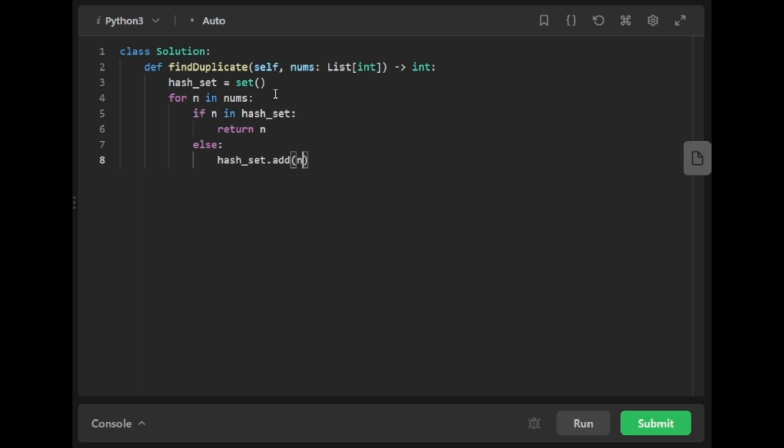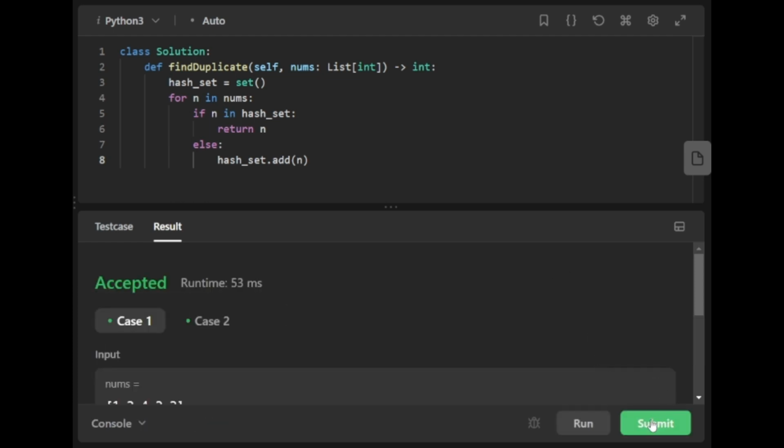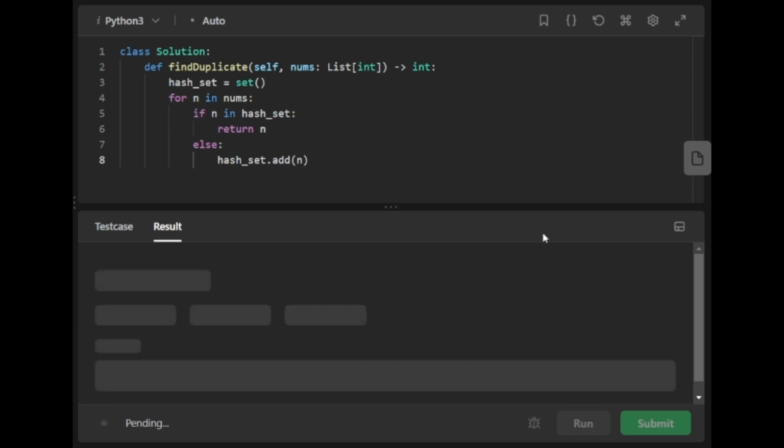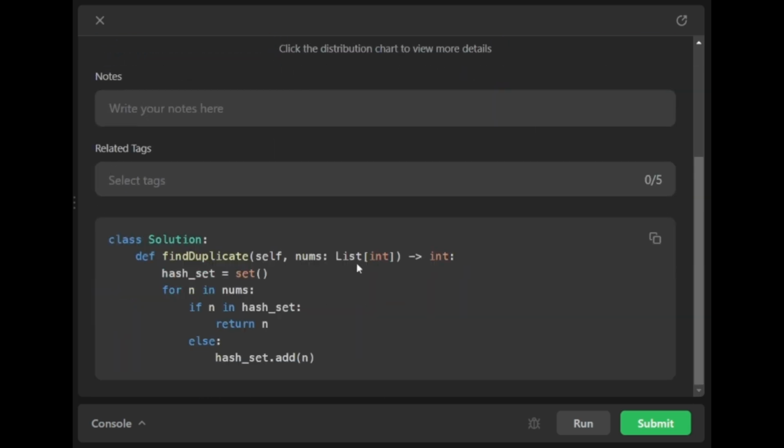Now let's run this and see if we are getting any errors. Our test cases got passed. Let's submit it. Yeah, so this is one way of doing this problem.